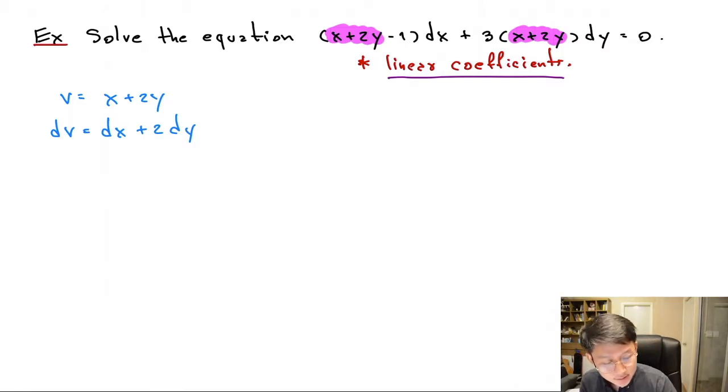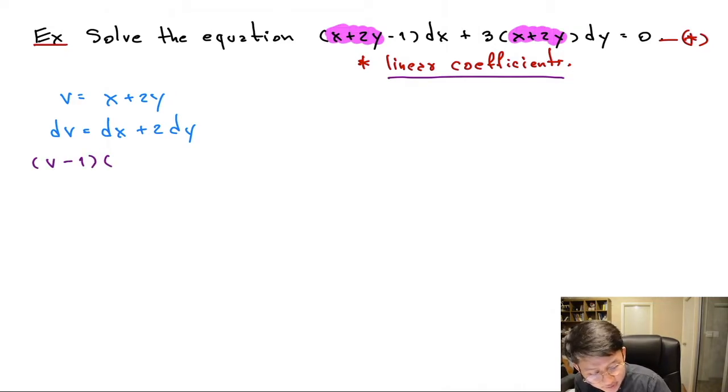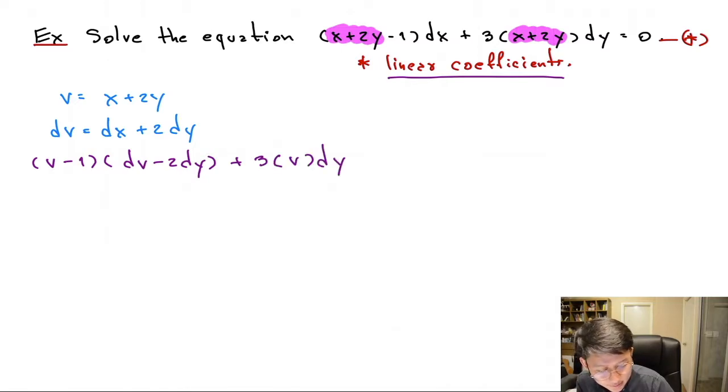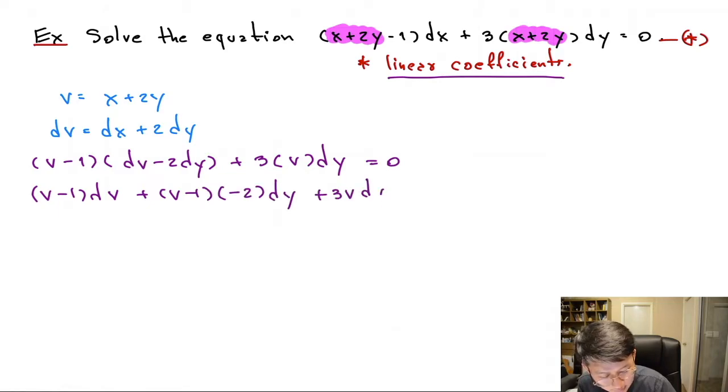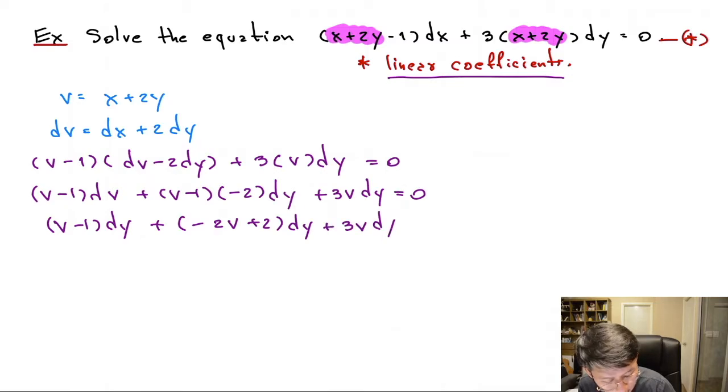Then I substitute that into this equation, and what I have is (v minus 1) dx, where dx is dv minus 2 dy, plus 3v dy equals 0. That becomes (v minus 1) dv plus (v minus 1)(minus 2) dy plus 3v dy equals 0, and that would be (v minus 1) dv plus (minus 2v plus 2) dy plus 3v dy equals 0.